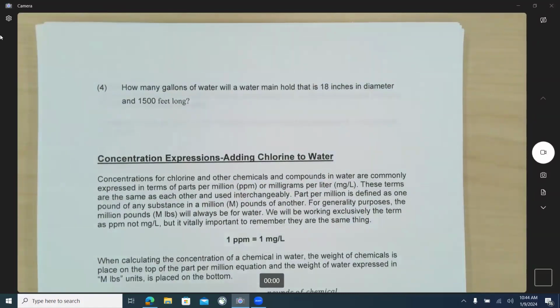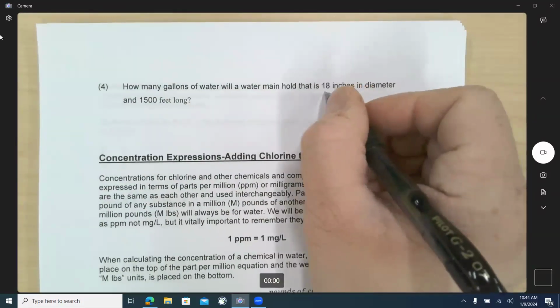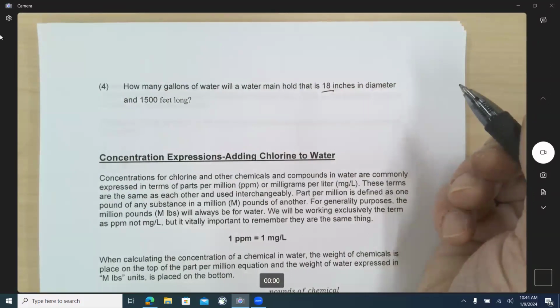All right. Number 14. So this brings in a concept that we have yet to talk about, but I'm going to teach you. How many gallons of water will a water main hold that is 18 inches in diameter and 1,500 feet long? So the very first thing you need to do is convert your inches to feet.